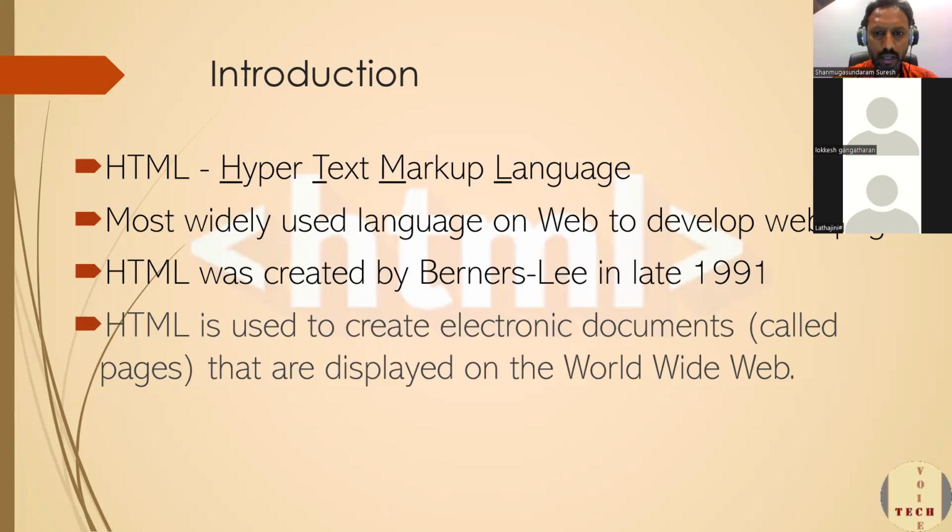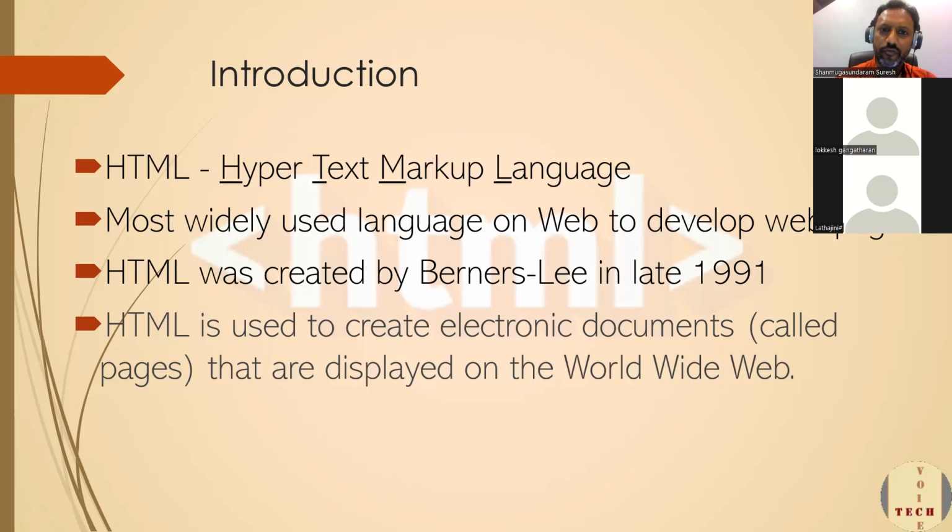Why is it called markup language? You know how to use Notepad, right? In a simple Notepad, you can type any text, any simple paragraphs, and it's going to be plain text.